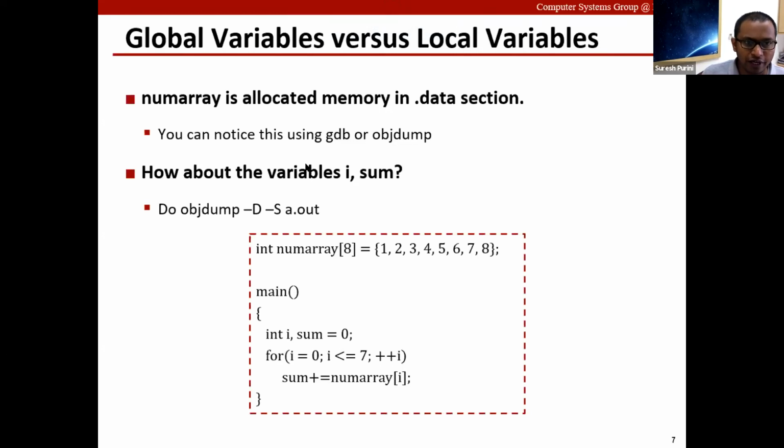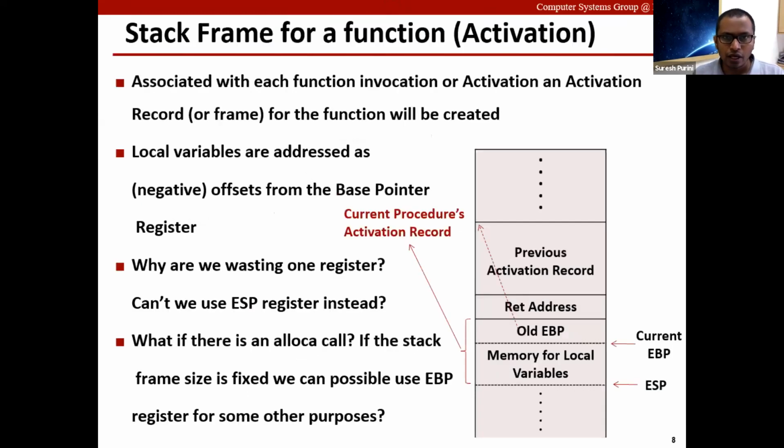So let's keep going. When from main, let's say you call any function, generally whenever you call a function, there is what is called an activation record associated with that function. Let's say there is a function f which is currently active.